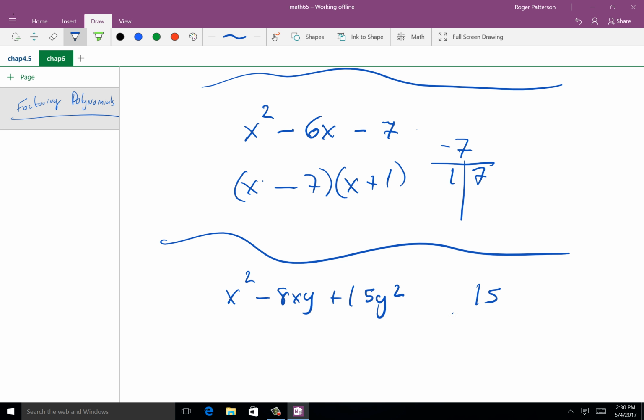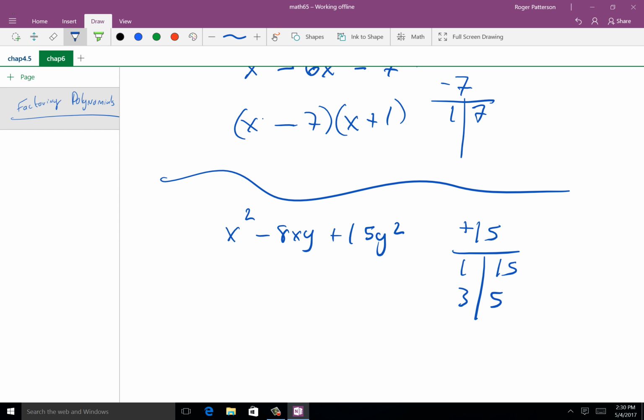So I'm going to put 15 there. I don't care about the y. It's positive 15. I need to write the factors down. They got to add up to 8. Again, don't worry about the x, y's. That's what I'm looking for. Okay. Parentheses. I know I'm going to have an x here, and I know I'm going to have an x there.